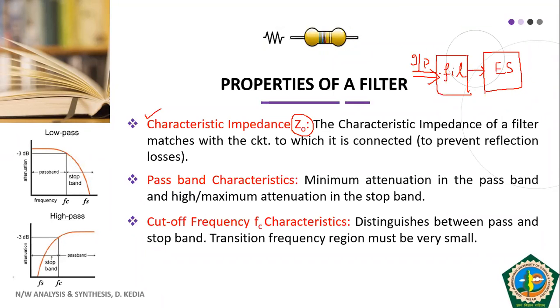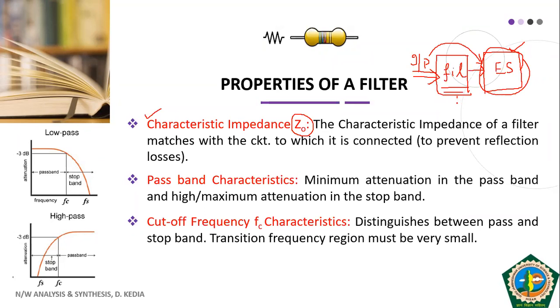To provide the maximum part of input to this system. In fact, in the coming semesters also you will understand this concept. And that means that the characteristic impedance of the filter must match with the impedance of this electronic subsystem.